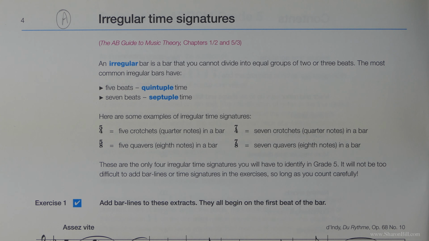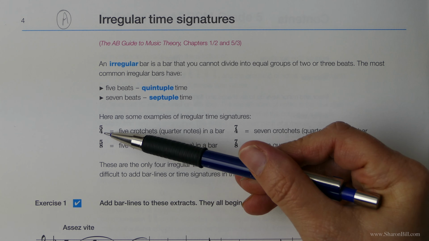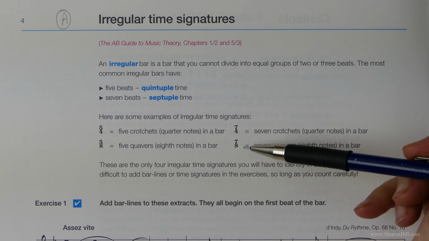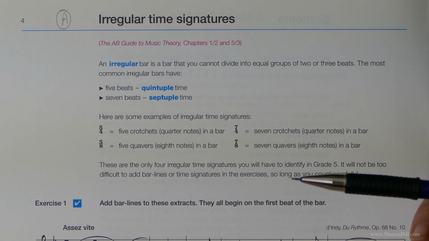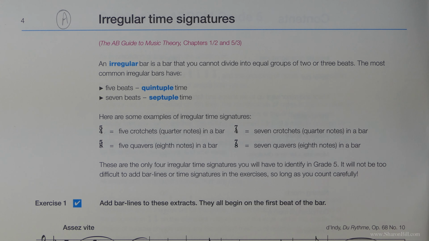They're called irregular time signatures because we can't class them as either compound or simple. It's actually a mixture of the two. So the only thing you've got to decide is, are you best counting in crotchets or quarter notes, or quavers or eighth notes, and then we just have to add up how many each bar, and you'll have mixtures of groups of 2 and groups of 3, and it will be an irregular number that you'll be adding up to.